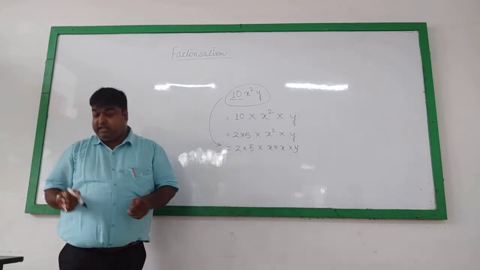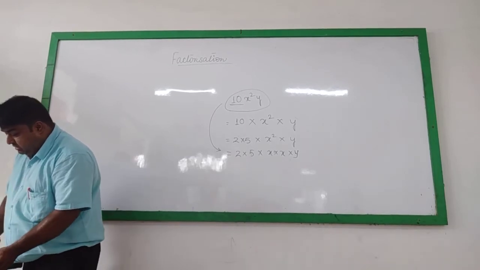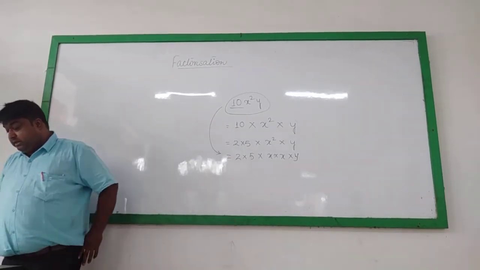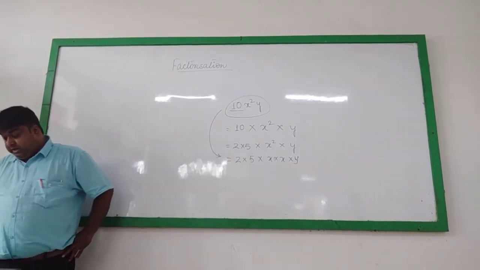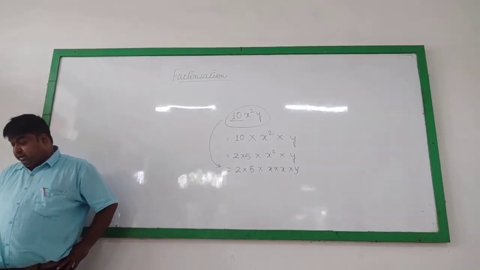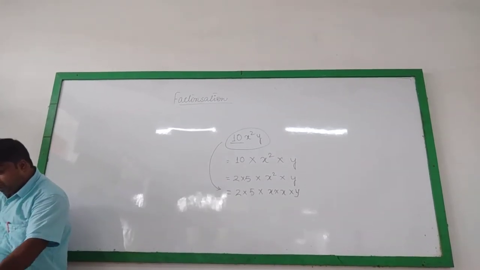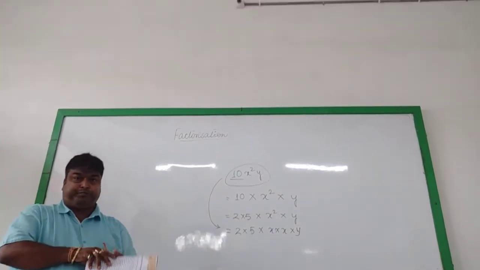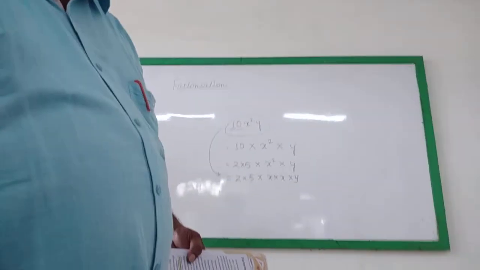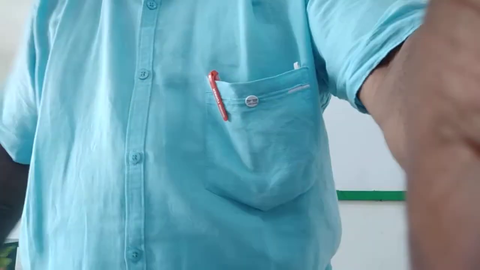Now what is written in the book, I am just reading this portion, factors of algebraic expression. Consider the first term of the expression discussed above, that is 10x square y. In how many different ways can the term be expressed as the product?